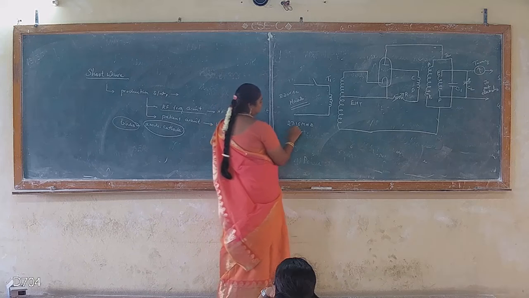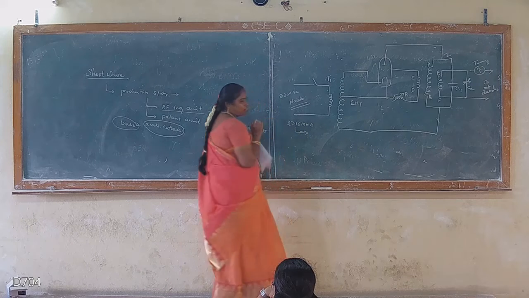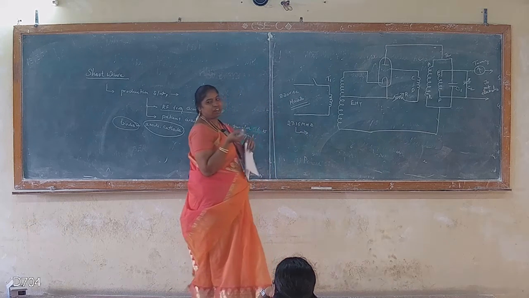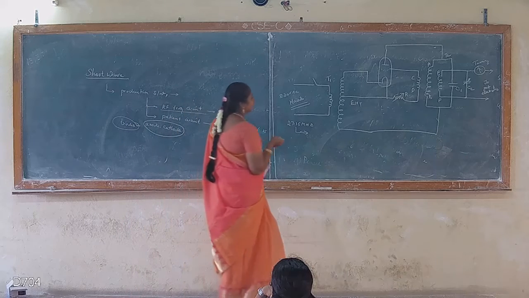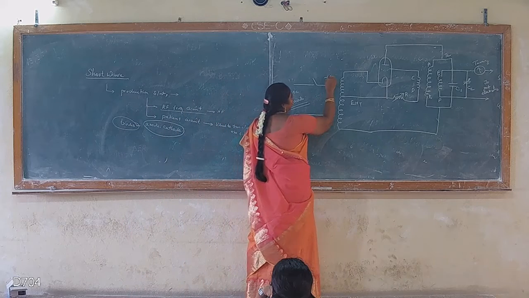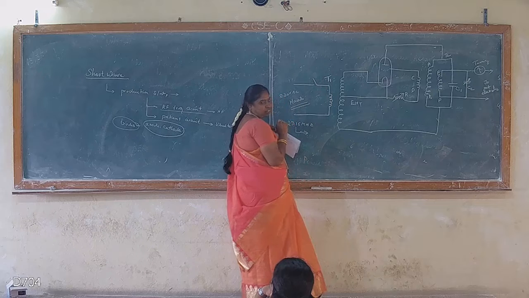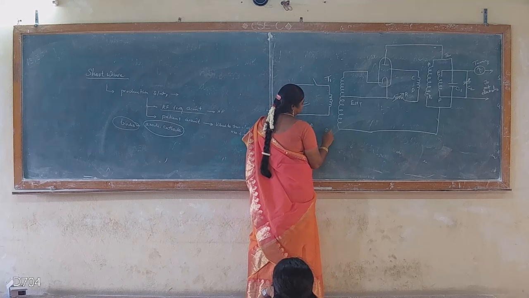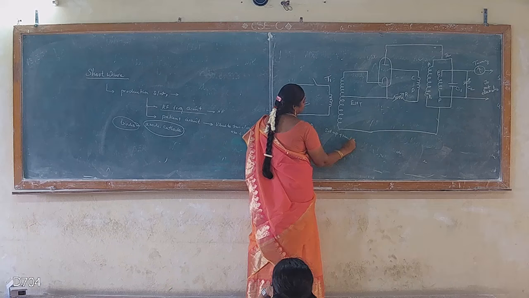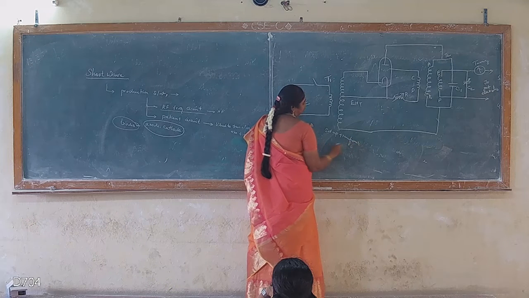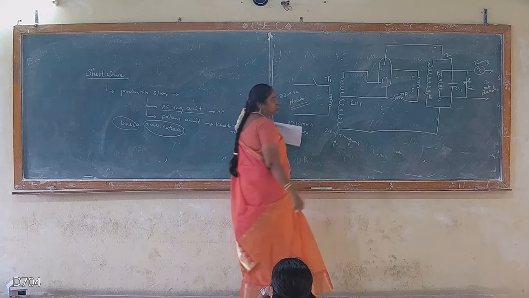To generate this amount of high frequency current, we require a high amount of voltage. That is here with the help of transformer 1. It is a step up transformer first. With the help of this, the voltage is increased.